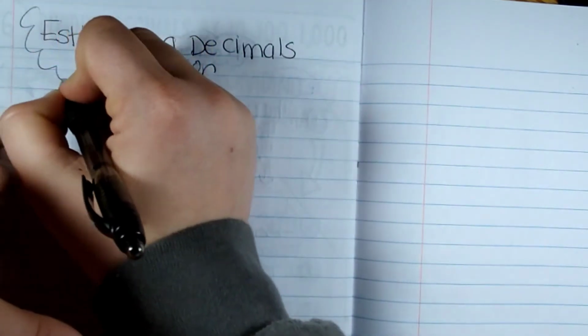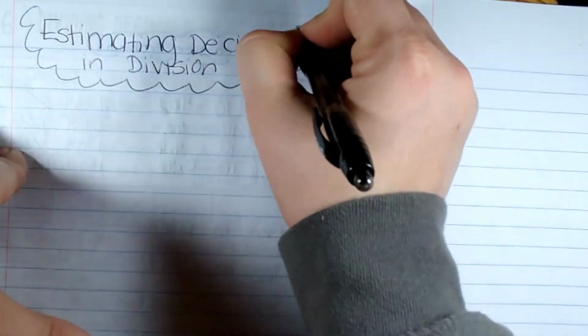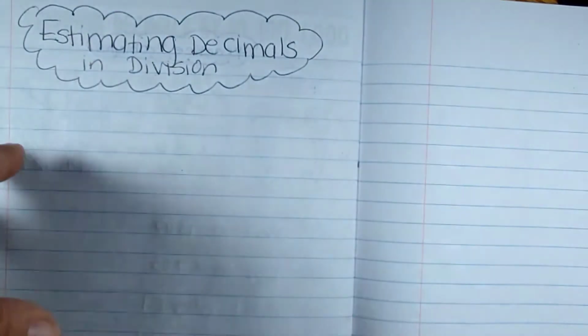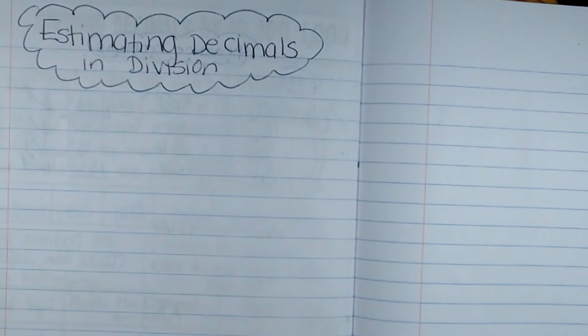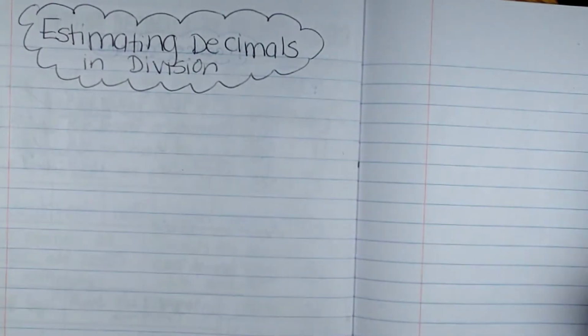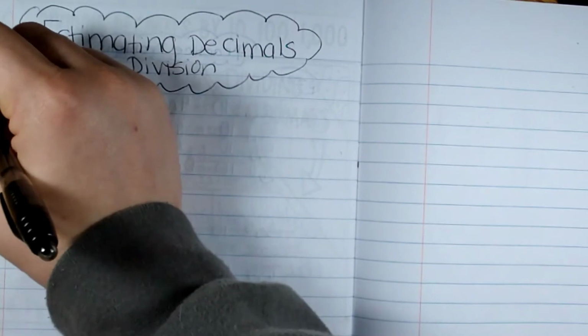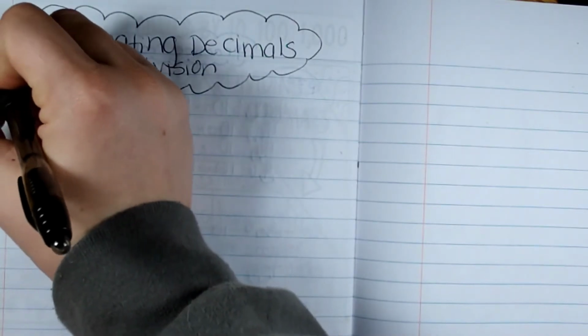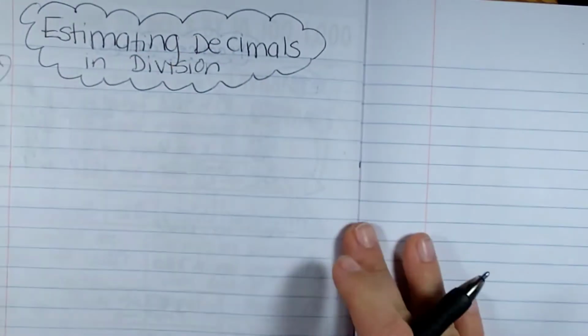If you refer back to our lesson on estimation and division, it's very similar. So you might want to review that lesson before moving on to the decimals. You can find this on page 234 in our textbook.